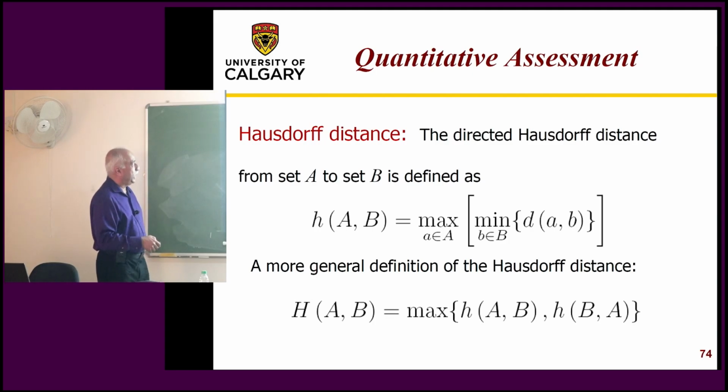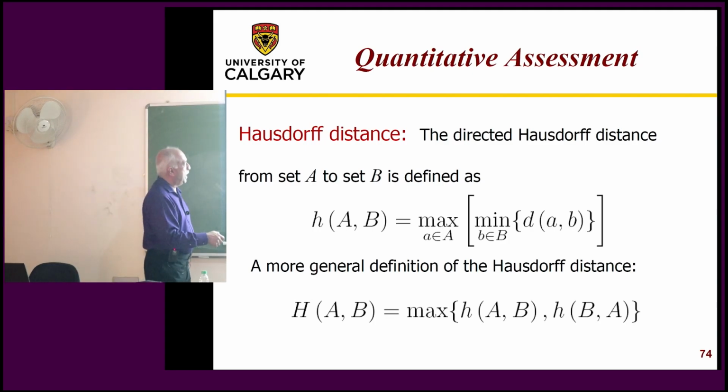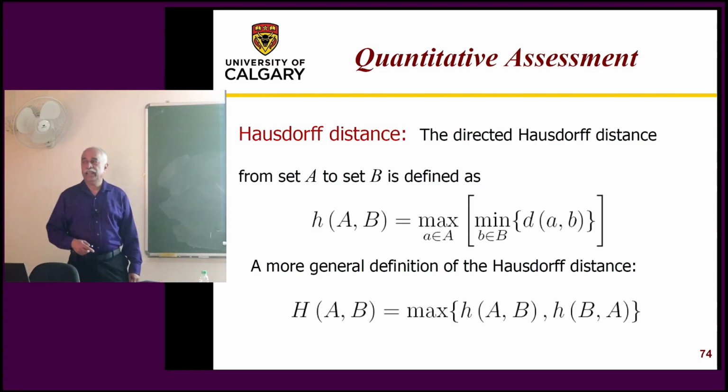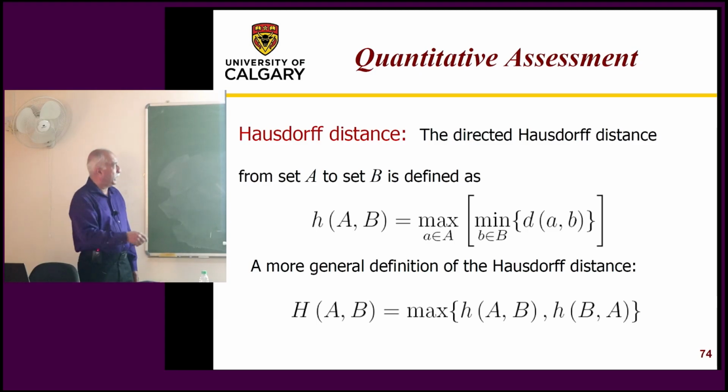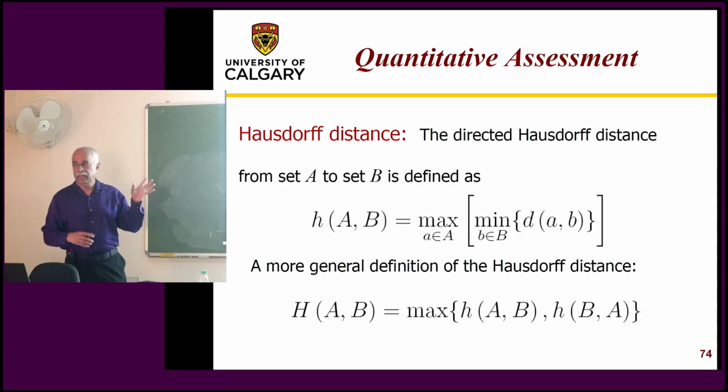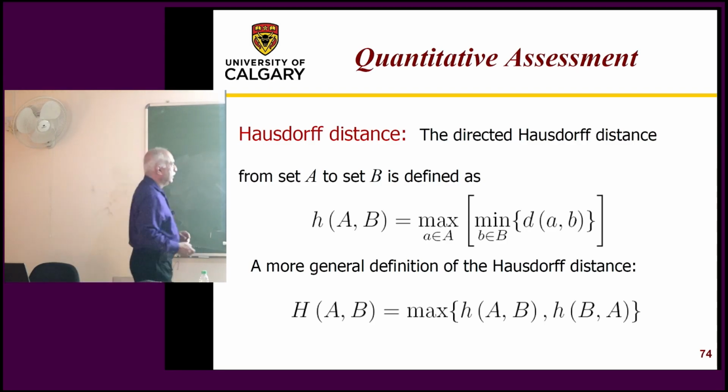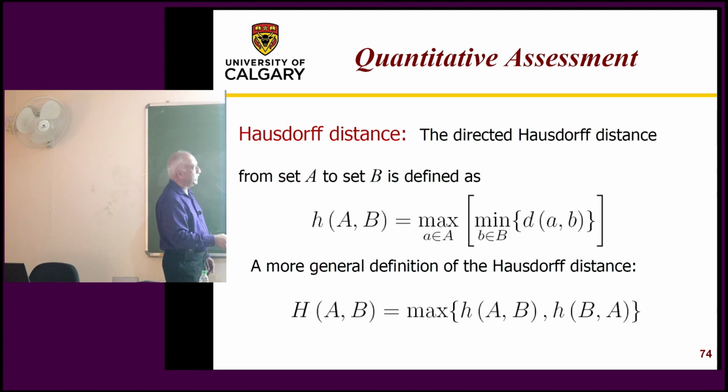H of AB, A to B, is the max over all members of A of the min of all members of B, DAB, where DAB is some distance of all the elements A to B. So you're comparing distances from A to B, but you take the min over all elements of B, and then you take the max over all elements of A. But then that could be switched, and then it becomes B to A. And they will not be the same in general. So if you do both A to B and B to A, you take the max of that.